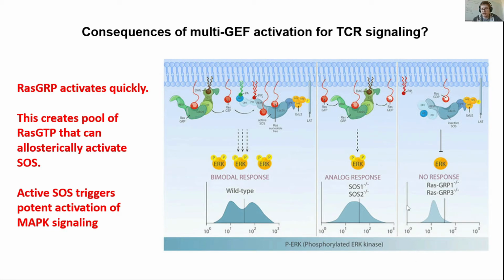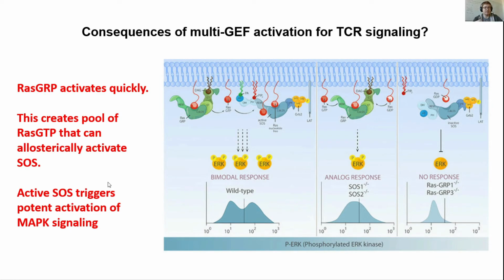So it's very clear that you need Ras-GRP to be able to trigger activation at all, but you need the SOS protein in order to produce this bimodal signaling response. And so the model for how this is working is that the Ras-GRP protein, if you look at its dynamics, ends up being activated very quickly in this system. This then creates a pool.